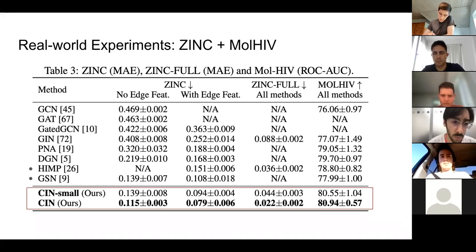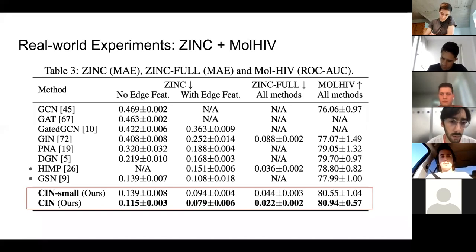So we experimented with two versions of the model. One without any constraint on the number of parameters, which is just CIN, and then CIN-small, in which we constrain the number of parameters to be on the order of 100,000.